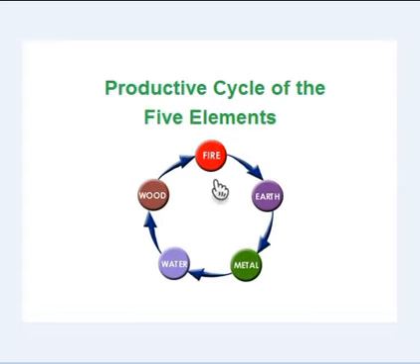For example, when fire burns down something, it creates ash, which in turn turns to earth, and earth gives up its minerals to create metal. Gold, silver, iron all come from the earth. When the metal melts, it turns into water, and water is needed to create wood. Plants can't live without water. And when you burn wood, it creates fire. So this is the productive cycle of the 5 elements.